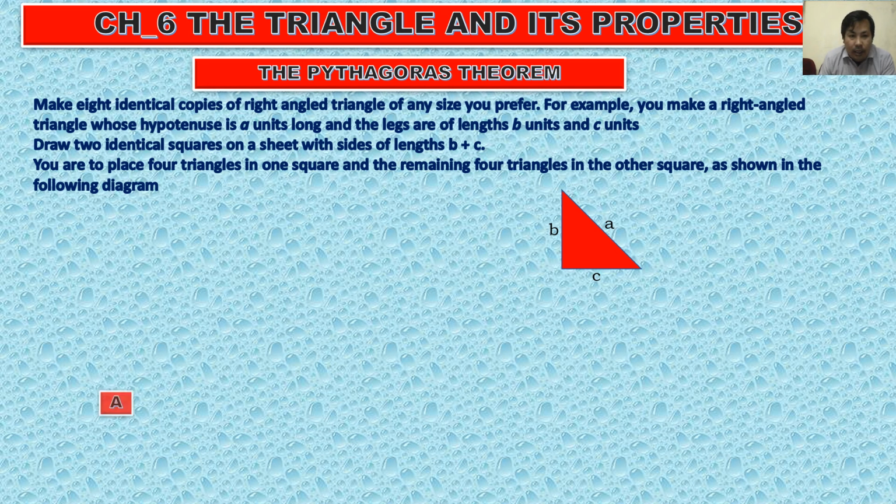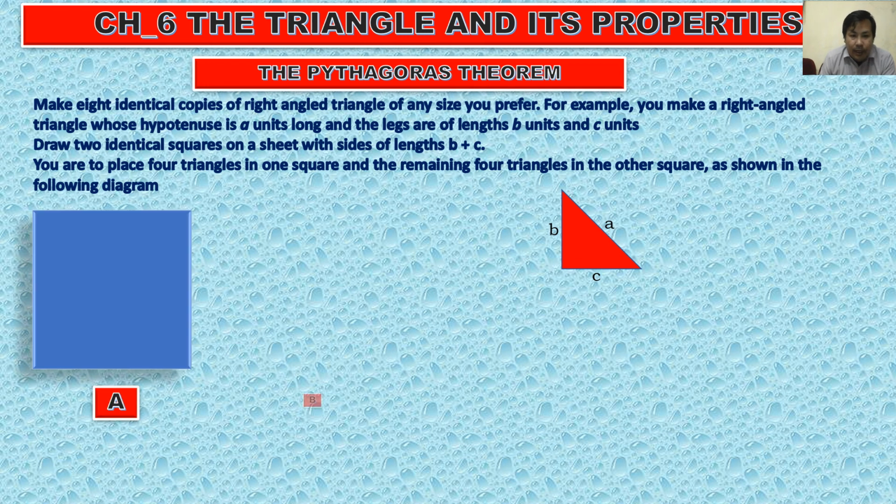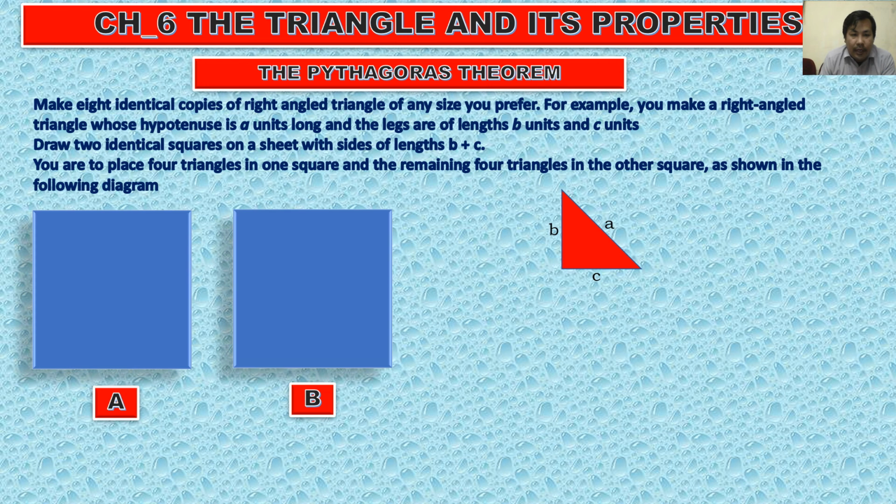Then we are going to draw square A and square B here. We are going to place the triangles in such a way that we can derive the formula of the Pythagoras theorem.